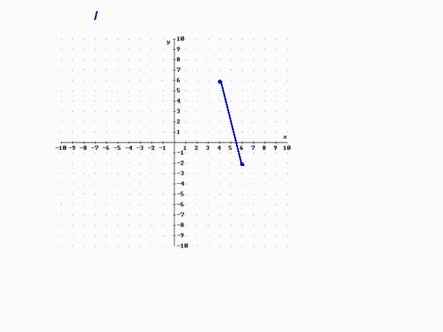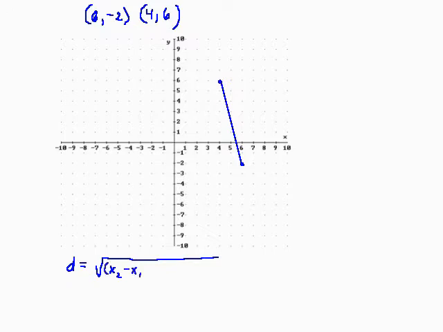All right, so let's go ahead here and we'll put these points somewhere. So I'll put 6, -2, and 4, 6. And we'll come down here and we'll write the formula below the graph here. So D will equal the square root of x2 minus x1 quantity squared plus y2 minus y1 quantity squared.